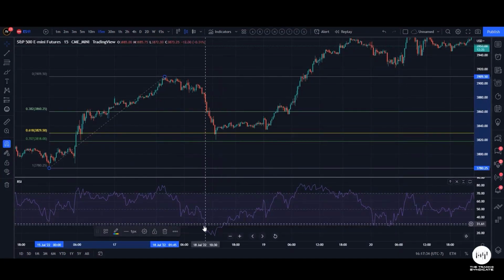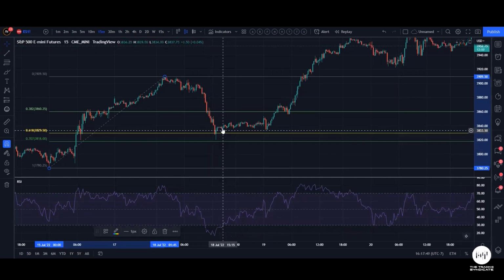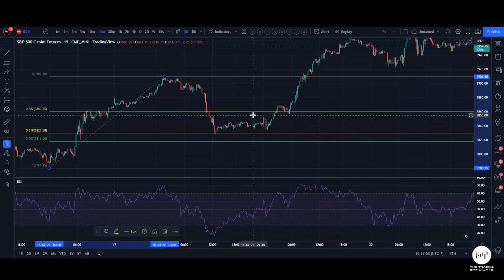And of course, we know with the RSI, when the RSI is showing very strong oversold levels, it's showing that the price is unsustainable to keep moving at the current rate and is likely to have a pullback or reversal of some sort. So when this is occurring at a key level like the 0.618 level, very strong opportunity to go long. And as you can see here, we do get a very strong move back to the upside.